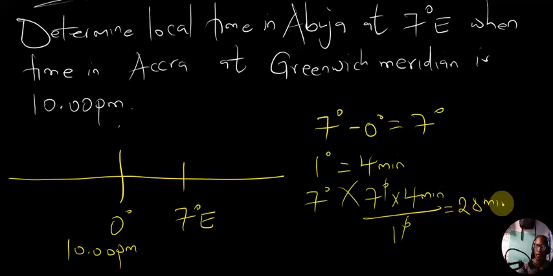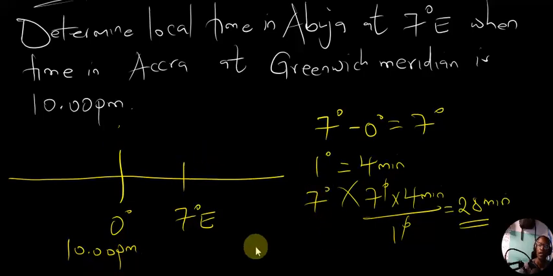minutes. It means the time difference between the Greenwich meridian 0 degree and 7 degrees is 28 minutes, but we have time at the 0 degree mark. It's 10 p.m. And like I said before, countries in the eastern side, their time is ahead.